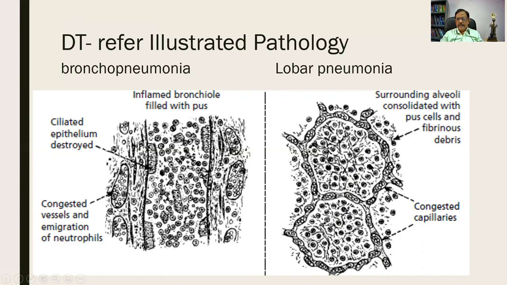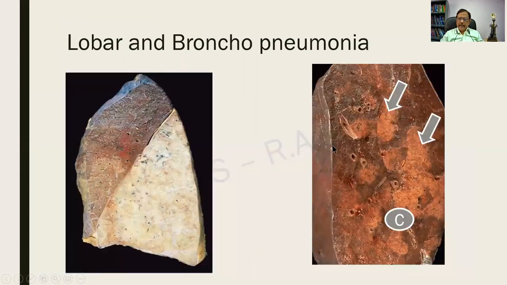For a comparison, there is a diagram of the lobar pneumonia where the inflammation is restricted to the alveoli. This is the ciliated epithelium which is being destroyed. Again, a comparison. By comparing, we'll be able to remember. We had seen this earlier, a stage of gray hepatization.